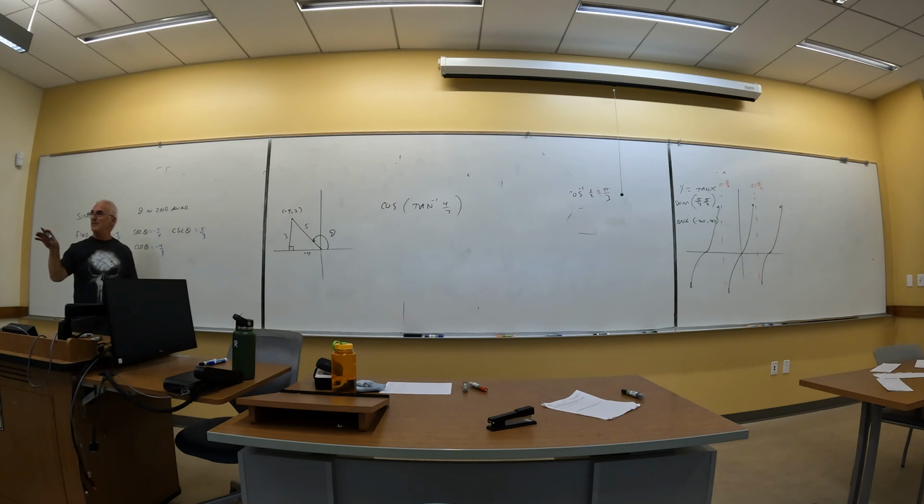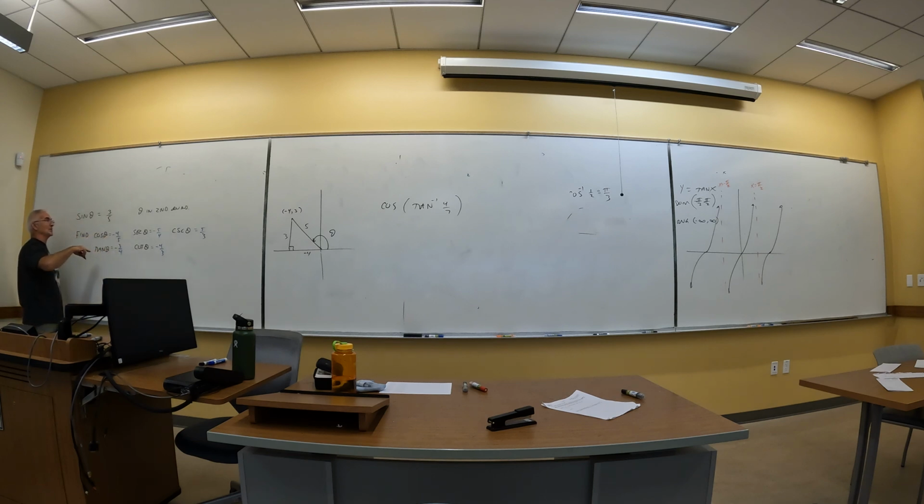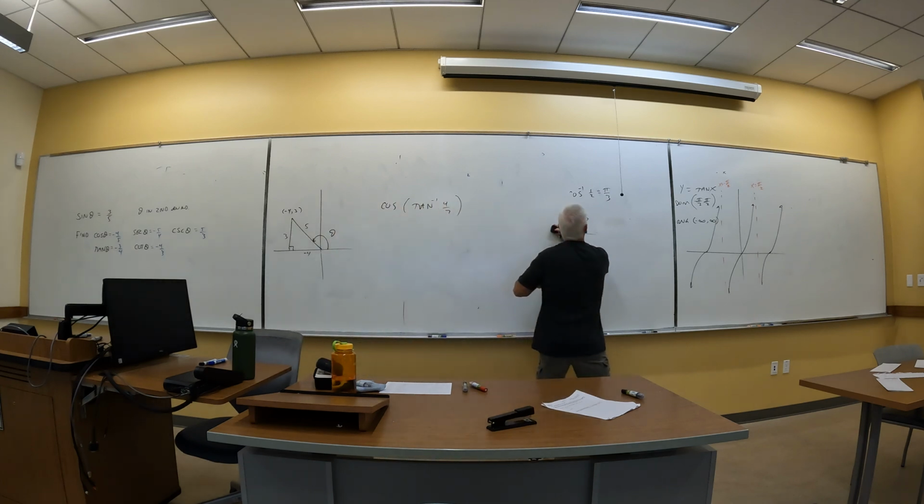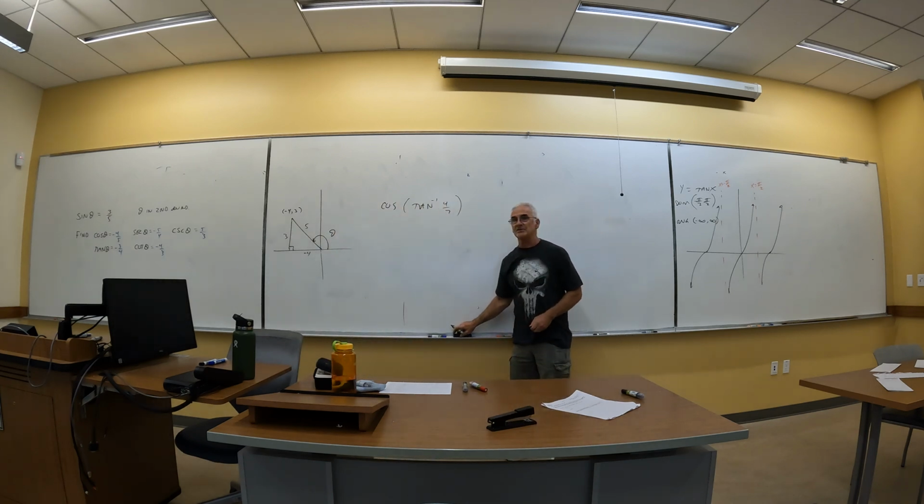I asked it differently, but it's really the same problem. In this question here, what I was really asking you to do is find the cosine of the inverse sine of 3/5. That's what this is. This is the tangent of the inverse sine, and so on and so on. Now, I don't need to tell you the quadrant because the inverse tangent, it's automatic.